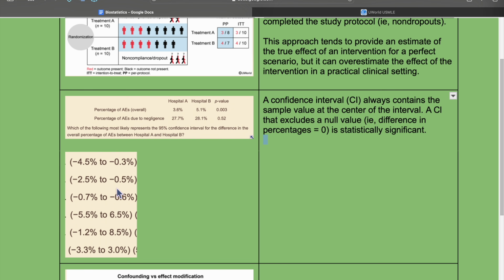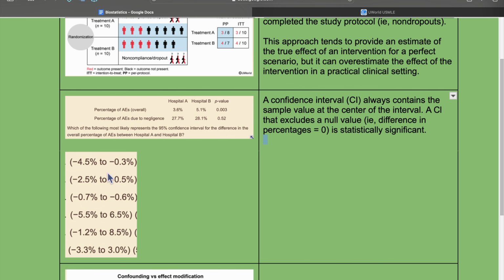So first 3. Now we are dealing with the first 3. Now the difference is a negative 1.5. This one, with the interval from 0.7 to 0.6, does not include 1.5, so we can cross that out. Now we have 2 left, minus 4.5 to 0.3 and minus 2.5 to minus 0.5, right?